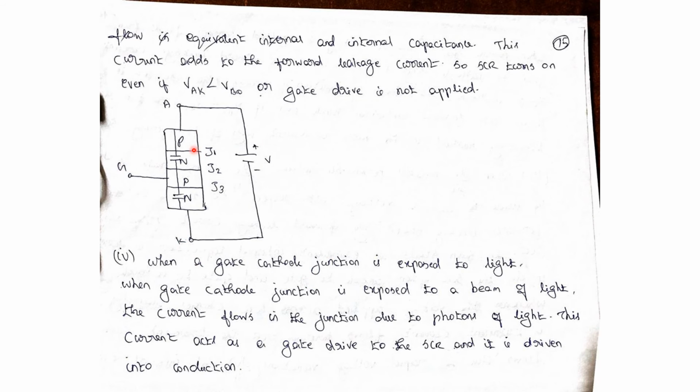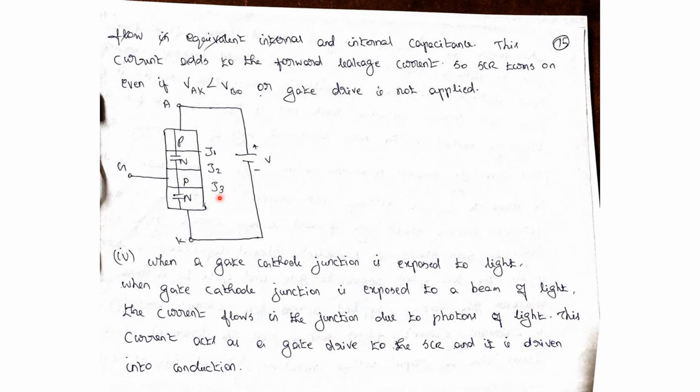But in J1, J2, one capacitor is formed, and between the J3 junction, P and N, again one capacitor is formed. Because of that, a small leakage current will flow.